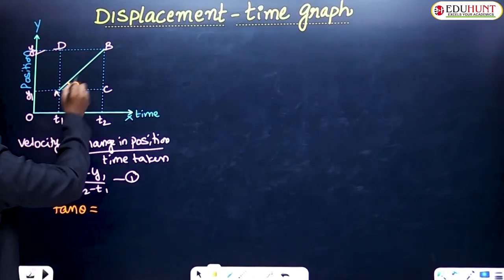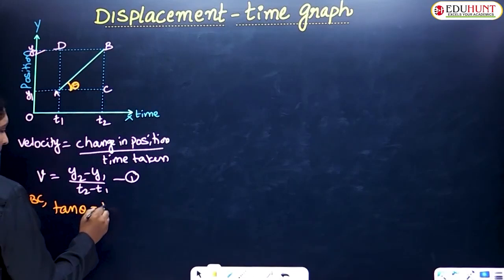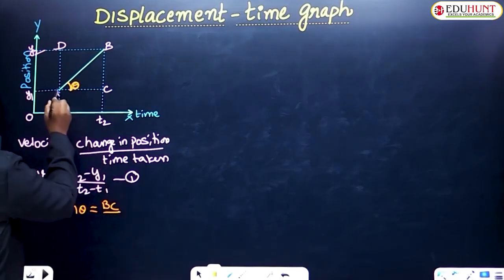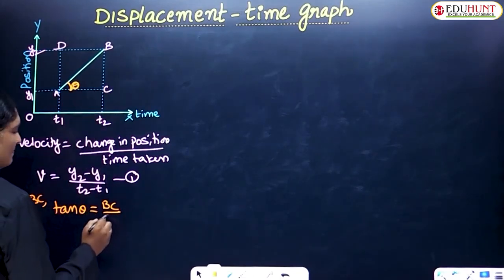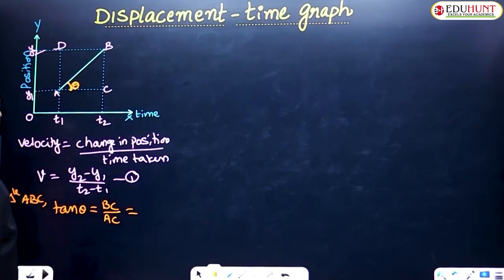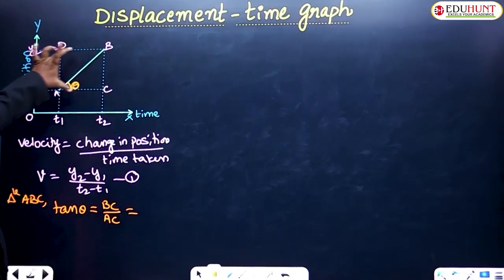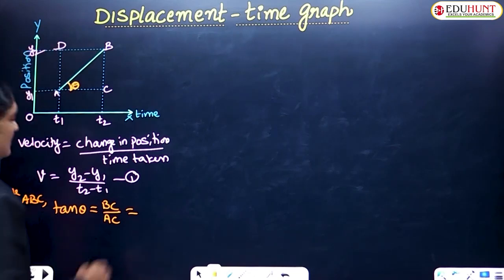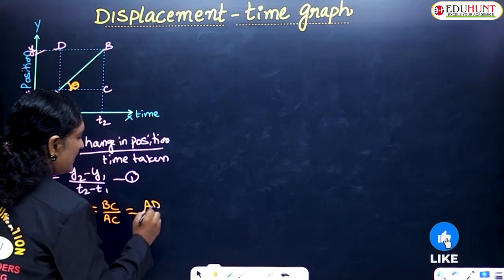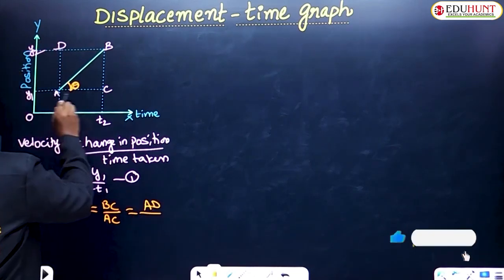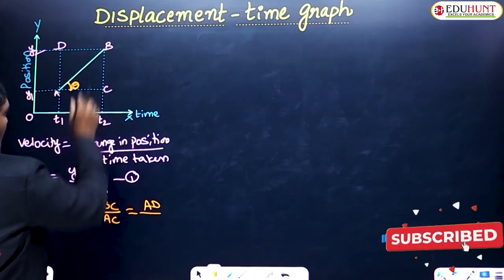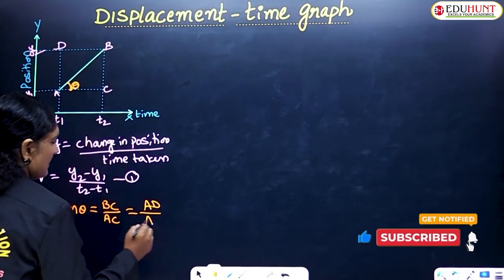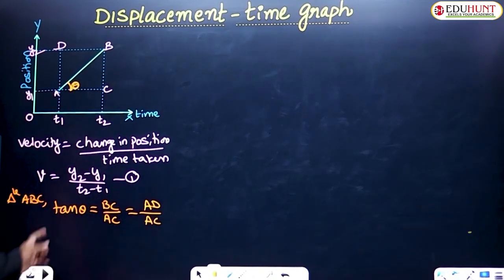For this theta, opposite is BC, so BC upon the adjacent side AC. This BC length is also equal to this AD length. So instead of BC, I can replace the same with AD. So AD upon AC, because for the same triangle, AC is the adjacent side. Is that okay, children? So tan theta can also be written as AD upon AC.